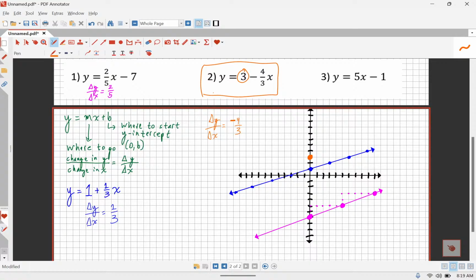So the y is like the 3 down here. That's right. And specifically, the y is the what kind of a 4? Yes. That means I'm going to change my y by going down 4 instead of up. Since it's a negative, I have to go down 4. That's down 1, 2, 3, 4. What's my change in x, Ryder?